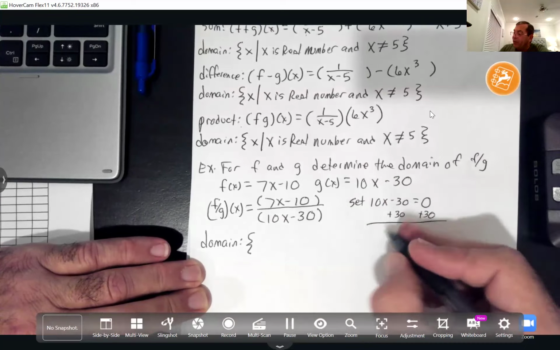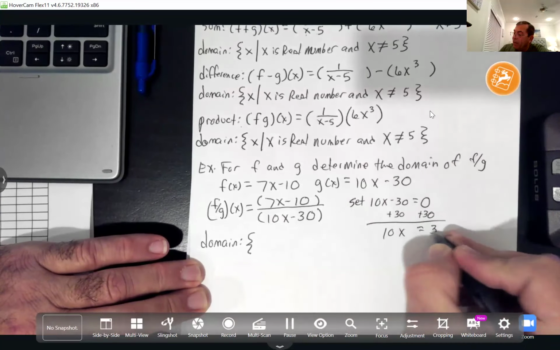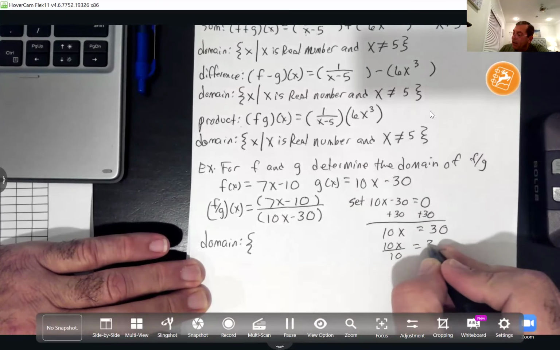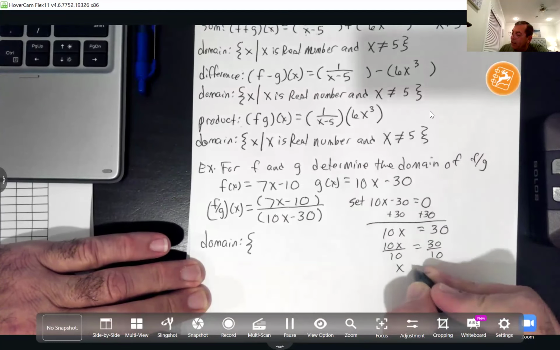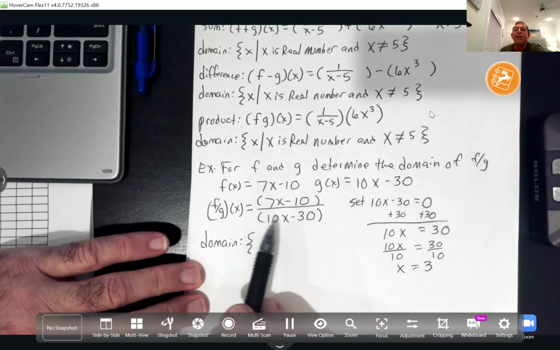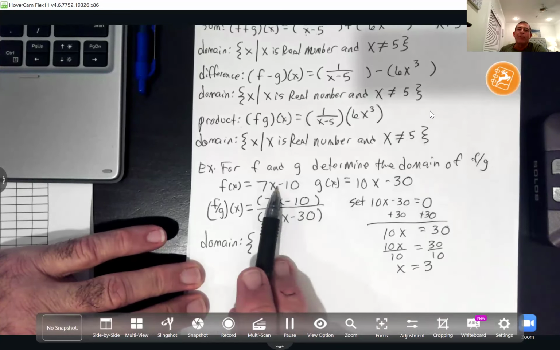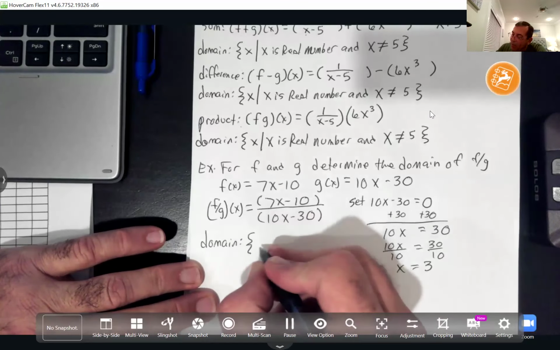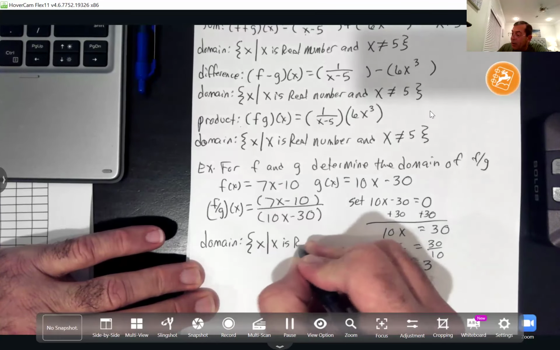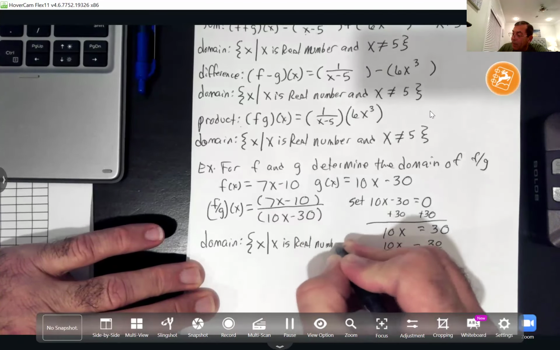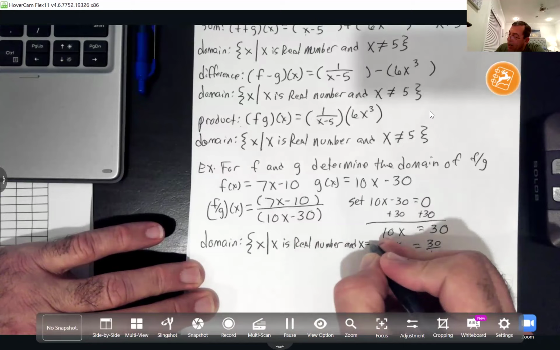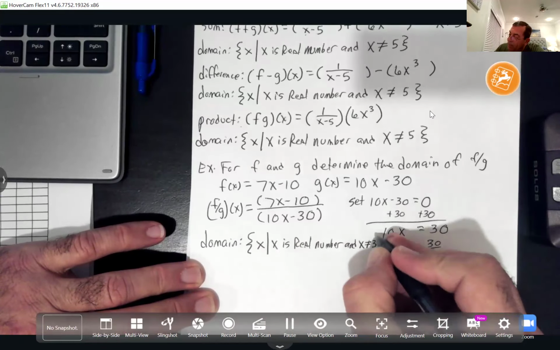So 10x will equal 30. Divide both sides by 10. So x equals 3 when I solve that, which means if I put a 3 in here, this thing's giving me a 0, which is undefined. So my domain will be all x's such that x is a real number and x cannot equal that 3.